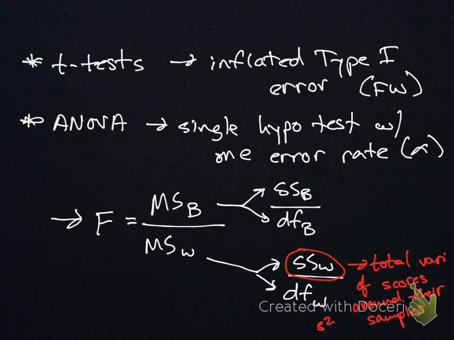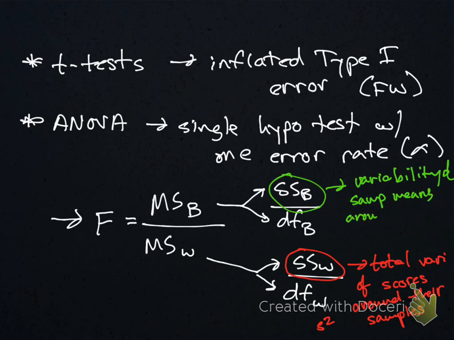And when we talk about the sum of squares between, we're talking about the variability of sample means around the grand mean.